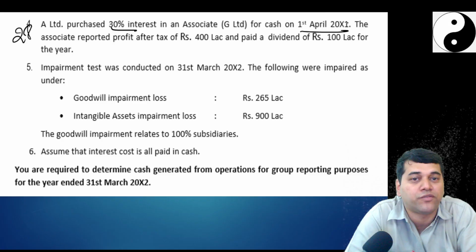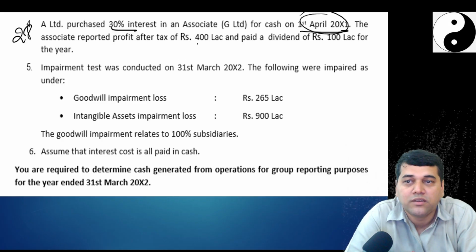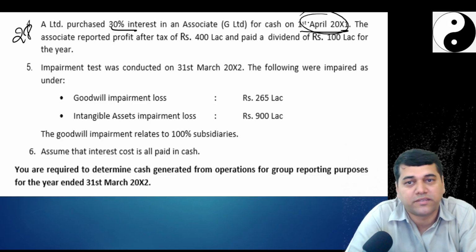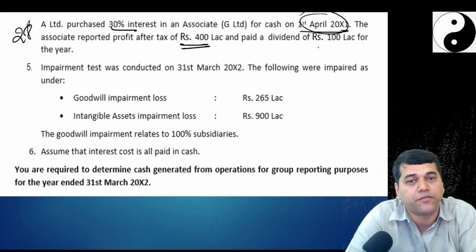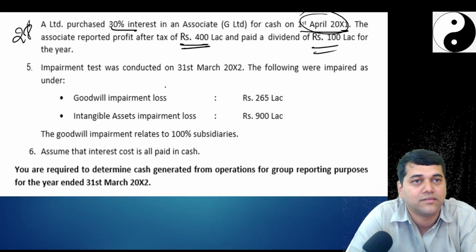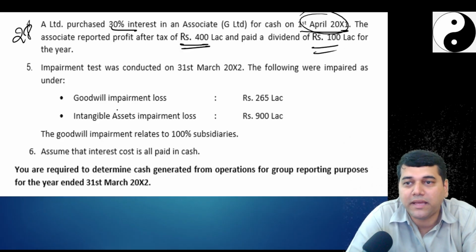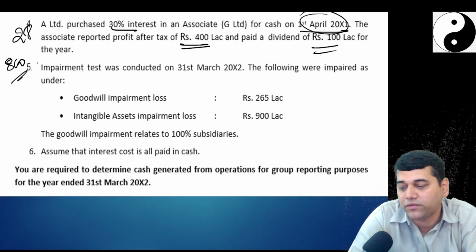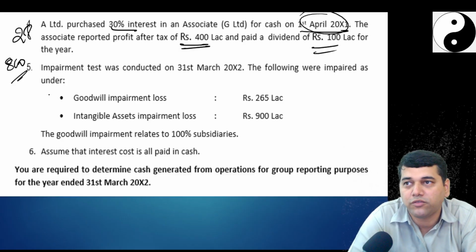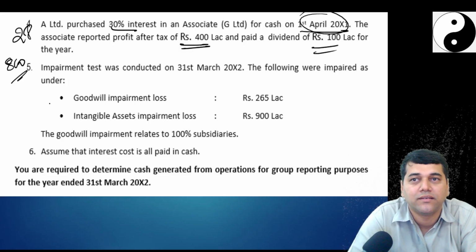The associate reported a 400 lakh rupees profit and a dividend of 100 lakhs. So what is the closing balance? You see investment in associate is 800 at the end of the year. Beginning of the year was not there, but how much cash did you pay?